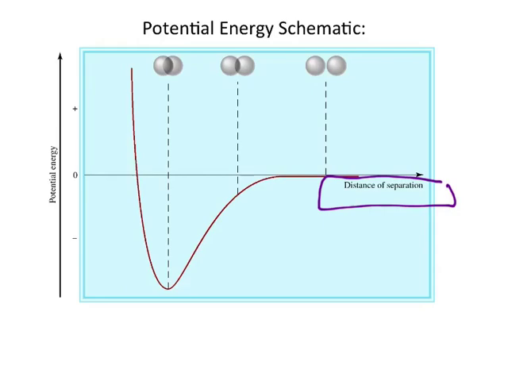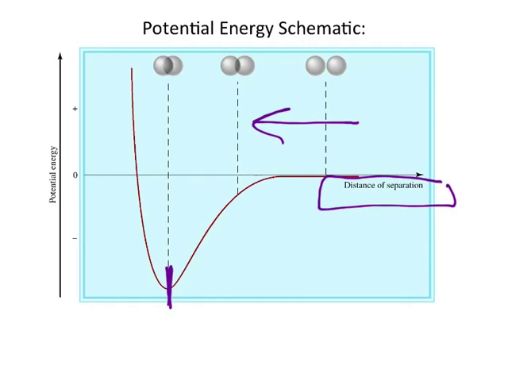As these nuclei become closer together, as we go to the left here, the energy of this system decreases. It's lower energy to form a bond when a bond is favorable. That means the overall energy is lower, and that's what's preferred for molecules. And you get this optimum distance where you have the lowest energy, based on some length of your bond.